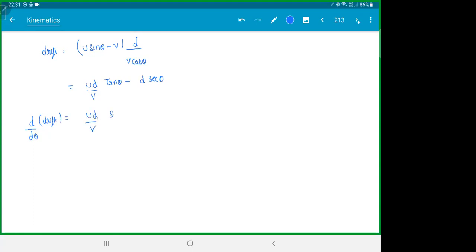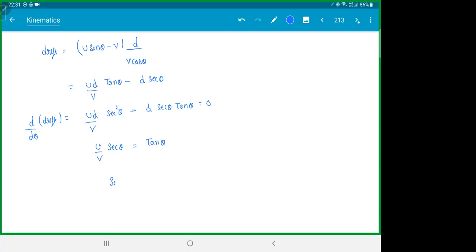Tan's differential is sec theta tan theta minus d. Sec's differential is sec theta tan theta, which is 0. Once sec gets cancelled off, you end up with secant theta, u by v is equal to tan theta.